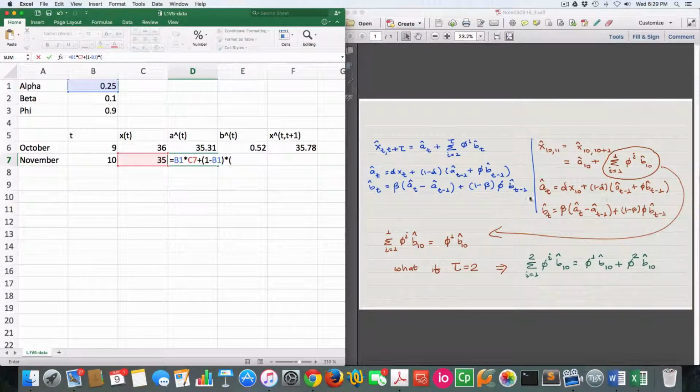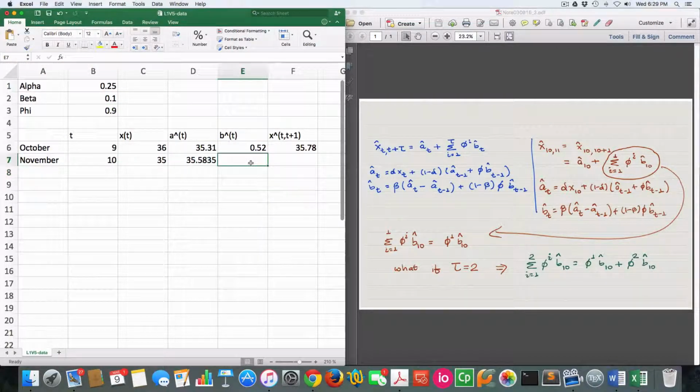Remember T is 10, so AT minus 1 is A9, that is the old value, plus phi, which is 0.9, times BT minus 1, our previous estimate of B. That's good, that's our new AT.